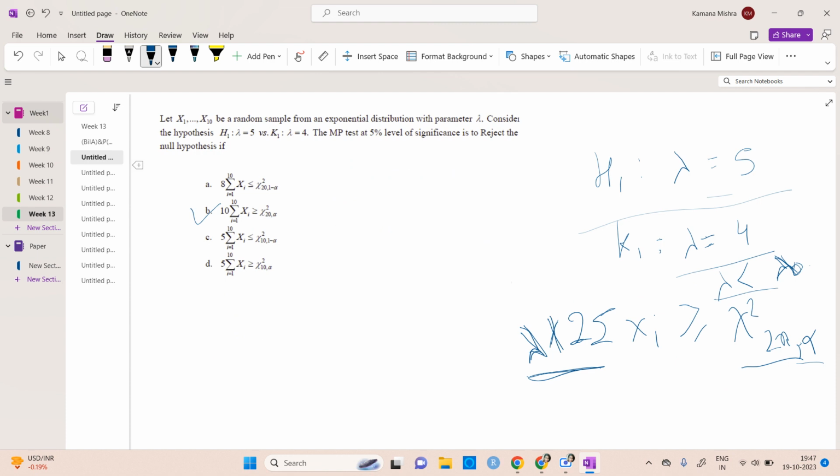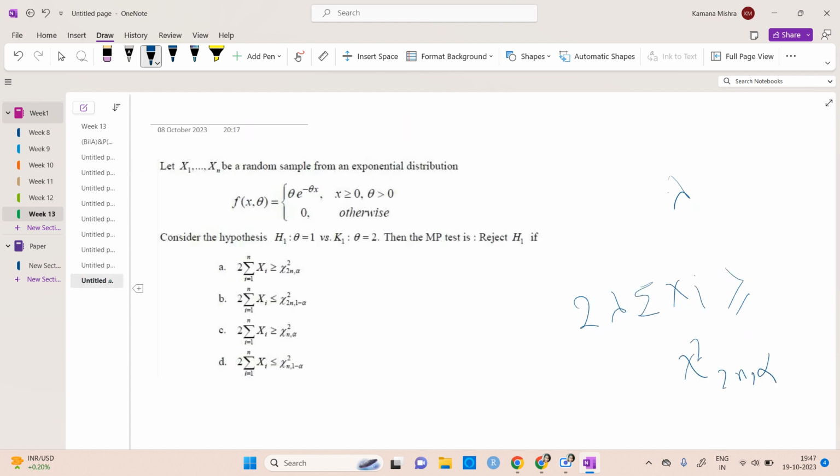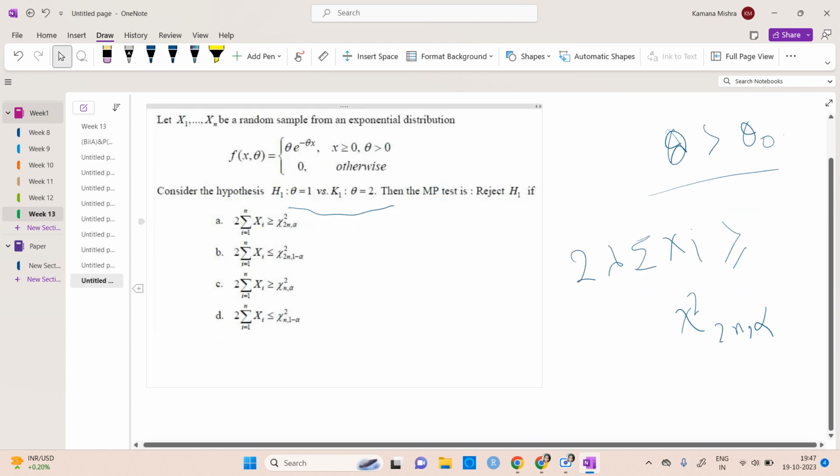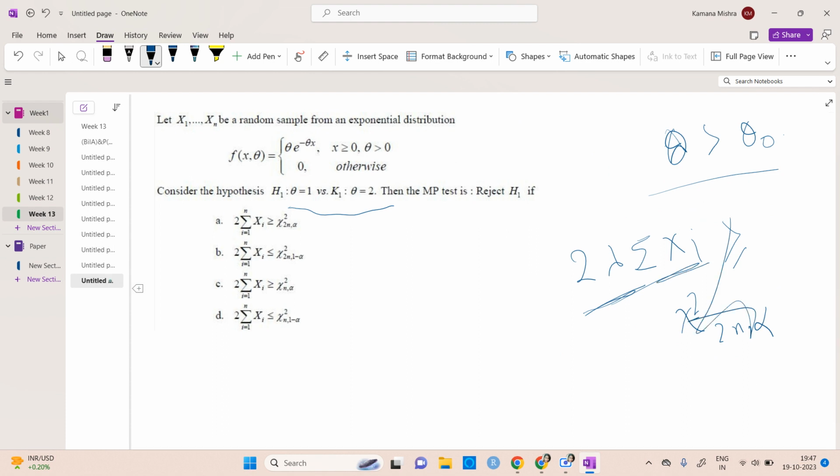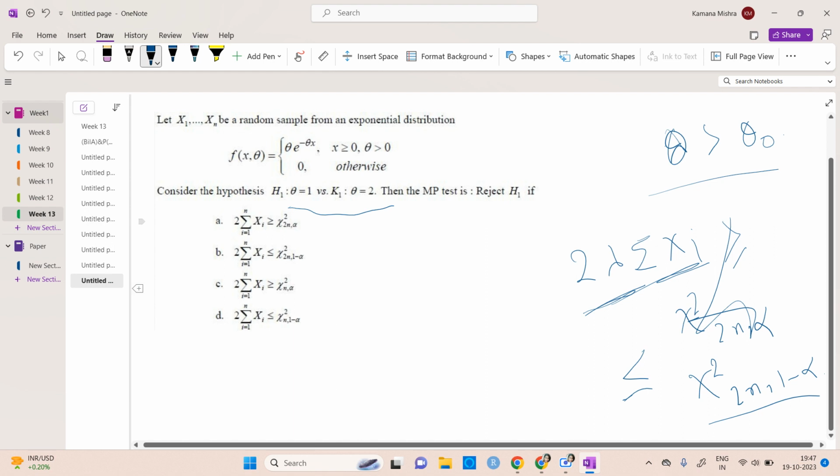Here the hypothesis testing is kind of reversed, so you need to revise which one is greater and which one is smaller. This time we reject the null hypothesis when 2 lambda summation xi is not greater than, but less than or equal to chi square 2n, 1 minus alpha. This would be the correct answer.